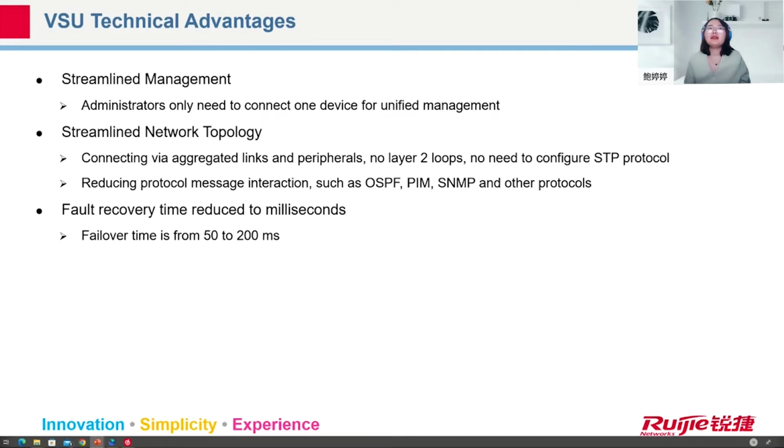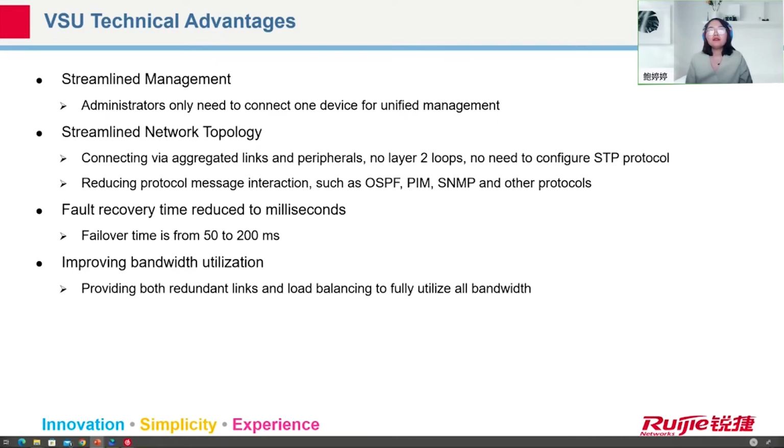And another one is fault recovery time reduced to milliseconds. The failover time will be from 50 to 200 milliseconds. So this also is an advantage. If one device is broken, maybe we can immediately select a new one and it works again.